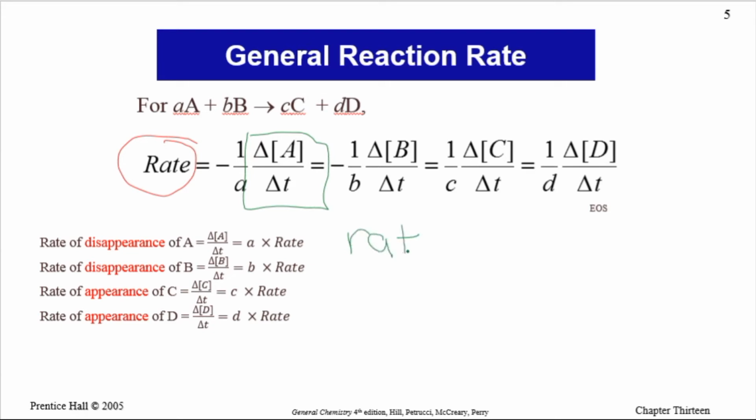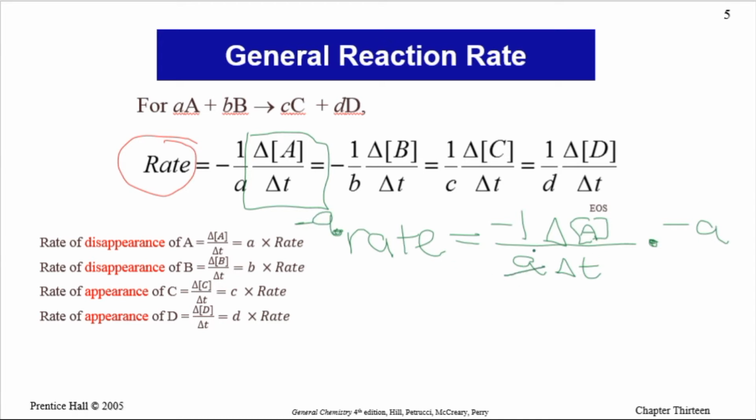The way you would do that is you set it up. So rate is equal to negative 1/a, change in A, over the change in time, right? This a right here, I have to get rid of it because I only want the change of A. I don't want the negative 1/a there. So I'm going to go ahead and multiply negative a to both sides of the equation, right?